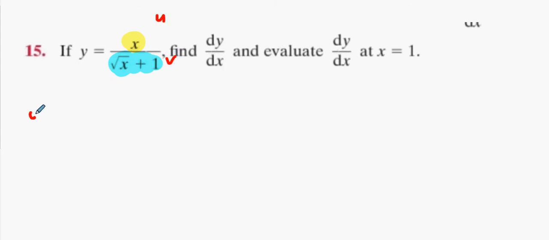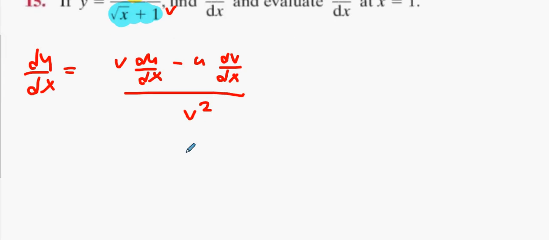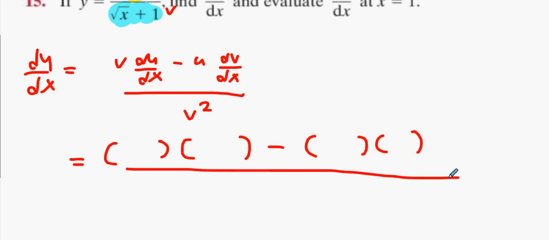You write down the rule for the quotient rule. Quotient rule is v du/dx minus u dv/dx all over v squared. And I've seen some of you already have your 4 brackets done. And then you're just looking to see what you're going to put into each bracket.